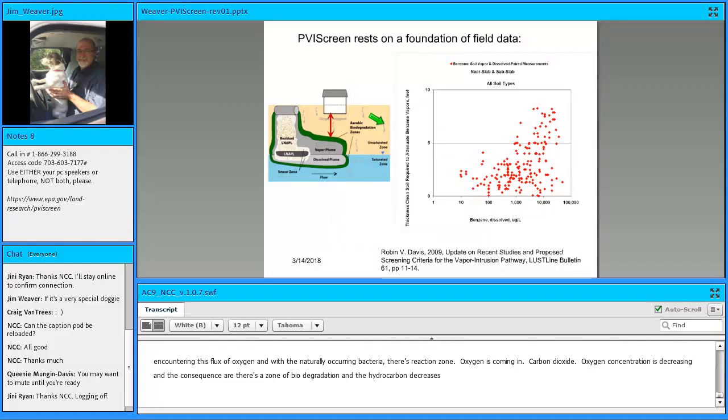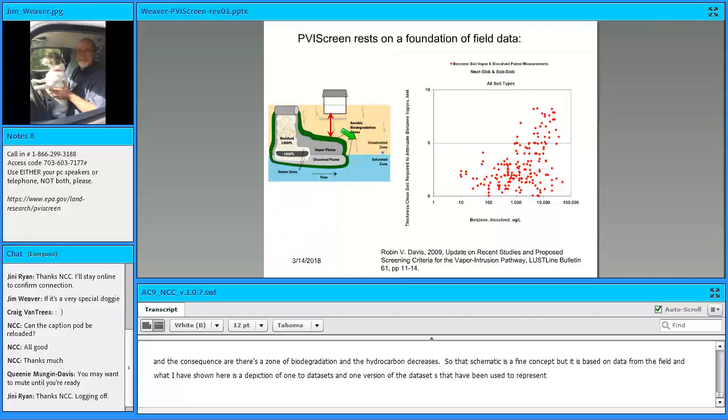All right, so that schematic is a fine concept, but it's based on data from the field. And what I've shown here is a depiction of one version of the data sets that have been used to demonstrate the commonness of biodegradation of petroleum hydrocarbons.